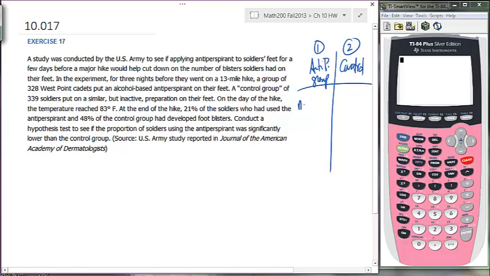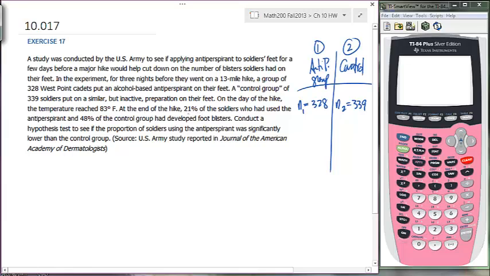So let's call that N. And for the first group, so that's N1, 328. And our N2, the control group, was 339 soldiers. Now, let's see how many people developed foot blisters.